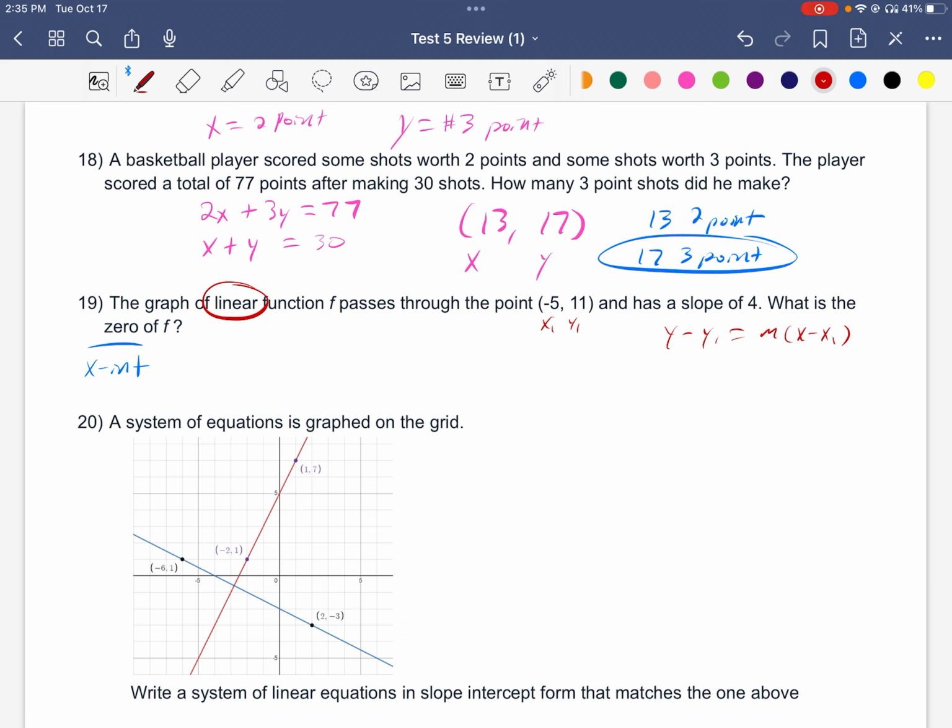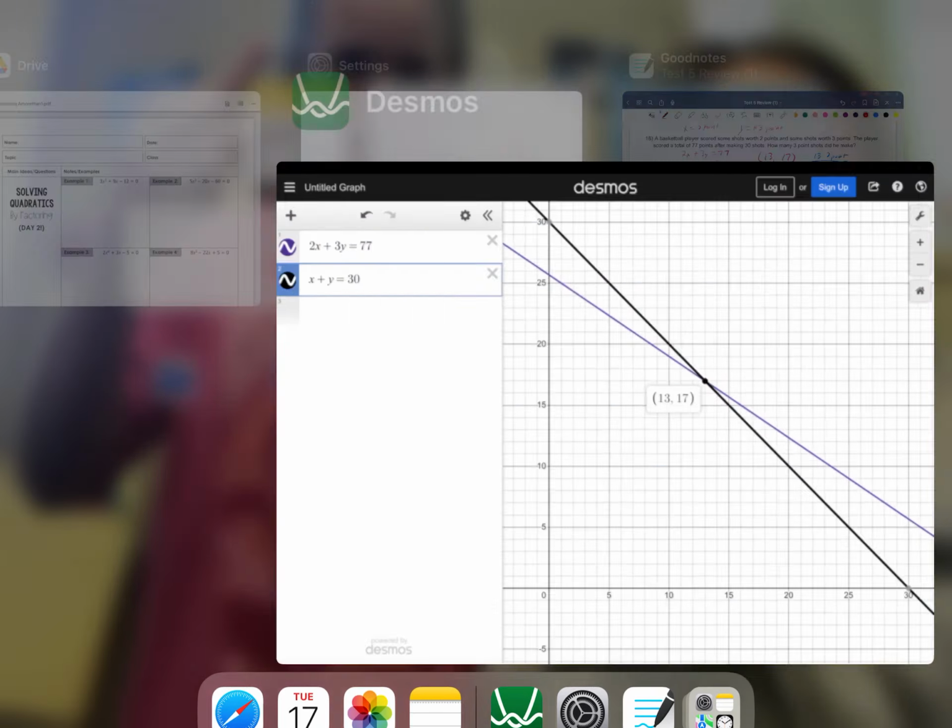It's a linear function. So what I'm going to do is y minus 11 equals the slope, which is 4, times x minus negative 5. I'm just going to go ahead and write plus 5 because the x1 is negative 5. I'm going to type that in Desmos.